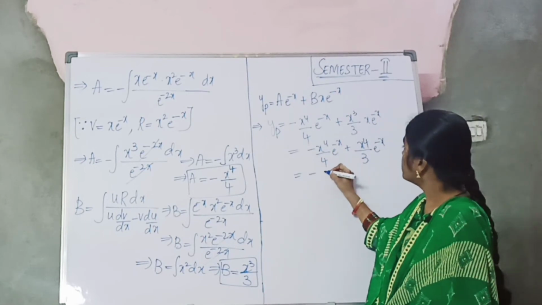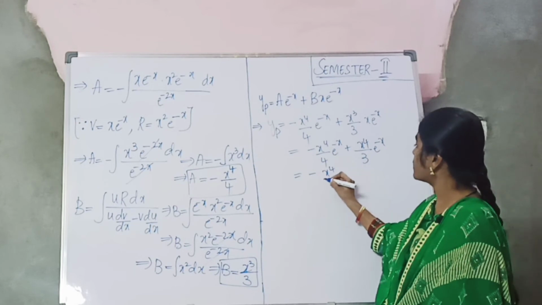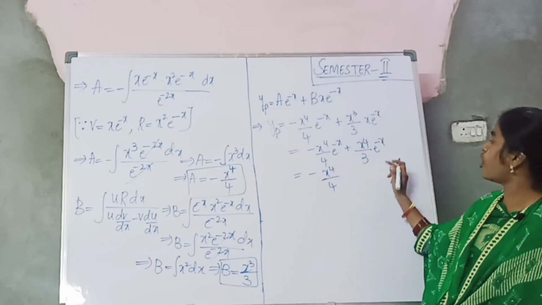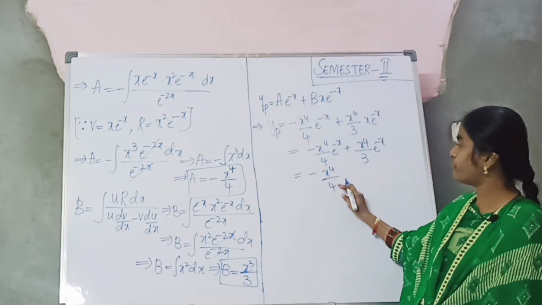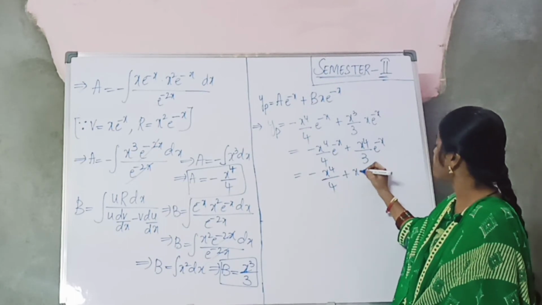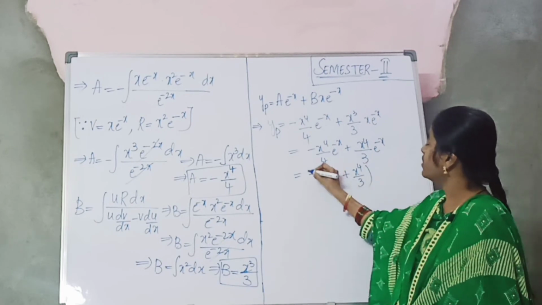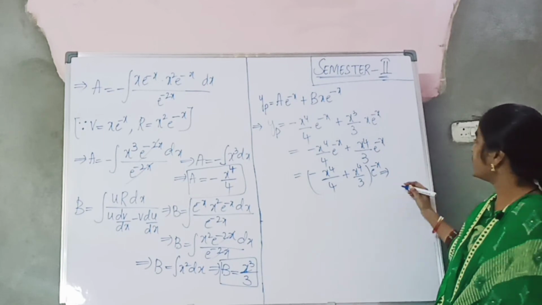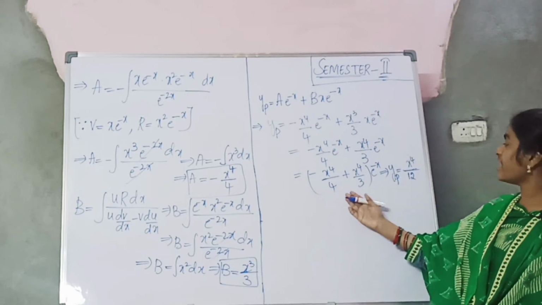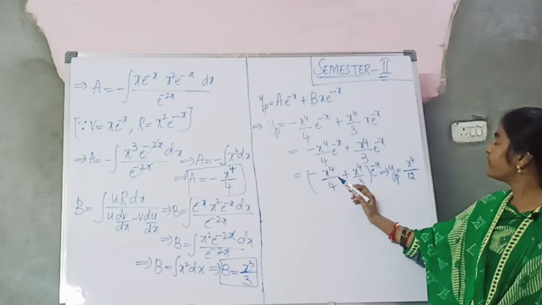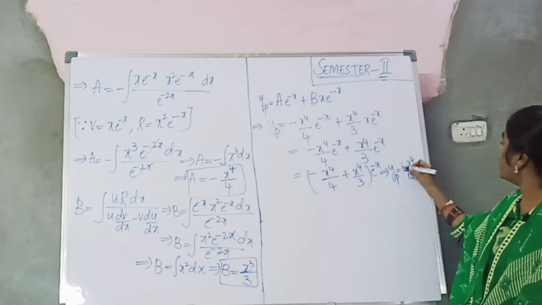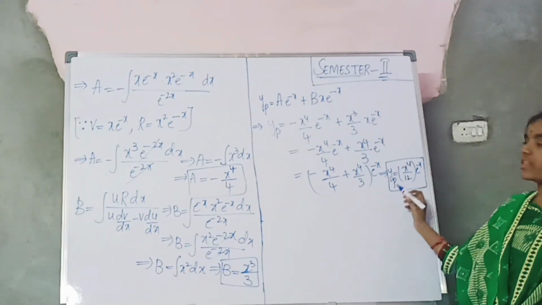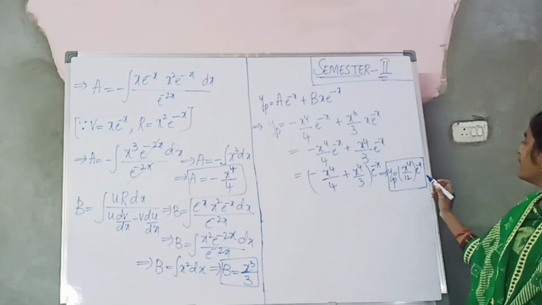Taking e power minus x common and taking the LCM, yp equals x power 4 by 12 into e power minus x.